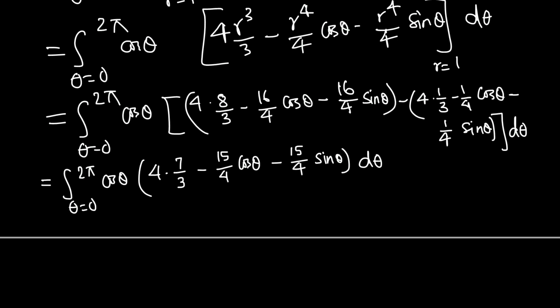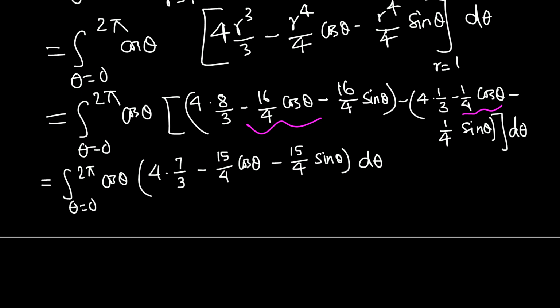Now we can subtract here. So cosine theta outside, 4 copies of 8/3 minus 4 copies of 1/3, so 4 copies of 7/3. Similarly, we can combine this minus this, so we get negative 15 over 4 cosine, and similar this.